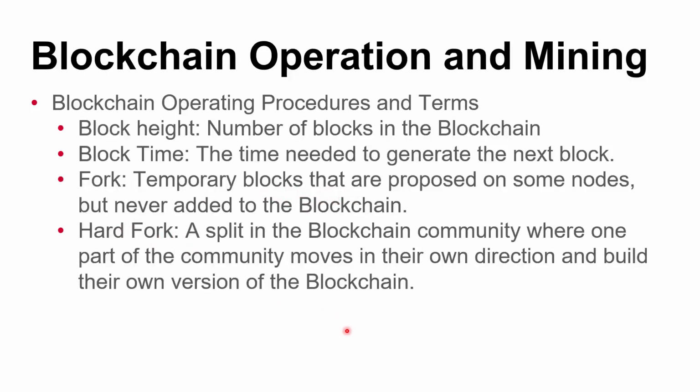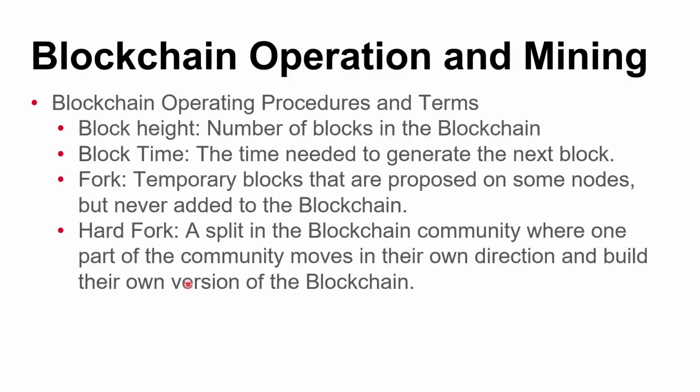But there's also something called a hard fork. A hard fork is when, in our blockchain community, some of the community moves off and decides to go a different direction. They create what's called a hard fork, meaning we take that last part of the blockchain that we all agree upon, make a full copy of that, and use it as essentially a new blockchain.